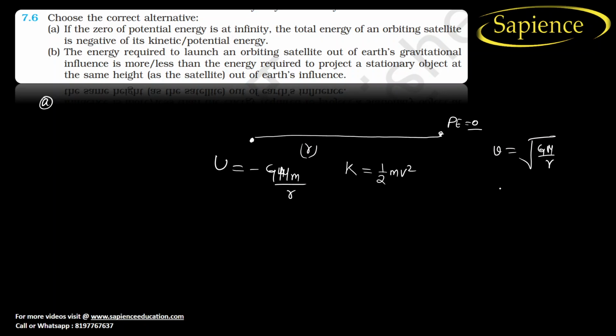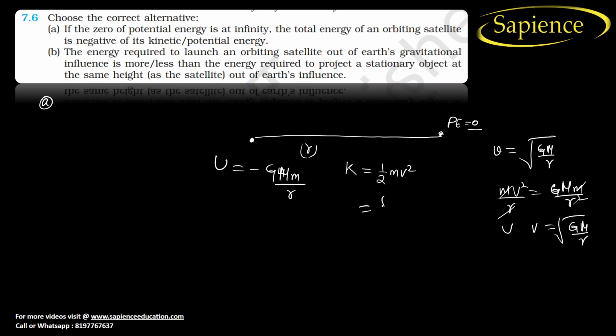Why does this happen? Because if anything is rotating around a circular path, then m v square by r will be equal to G capital M small m by r square. From here we can get velocity v as root under GM by r.